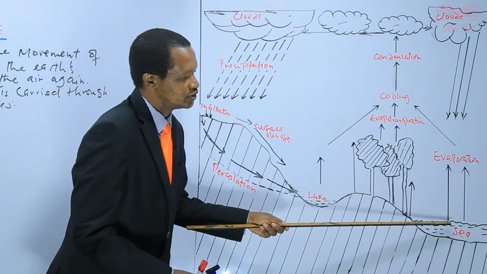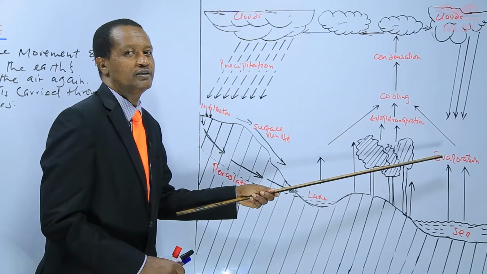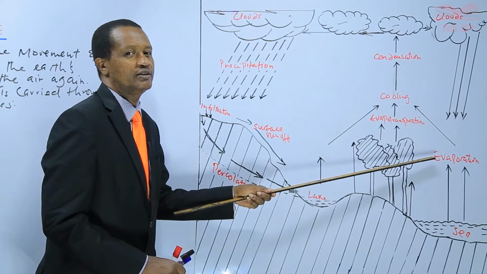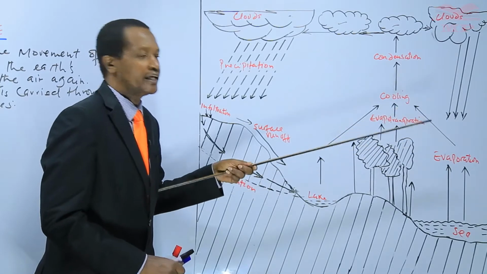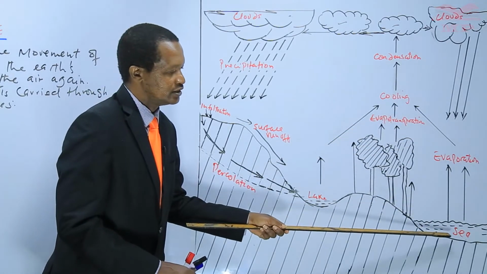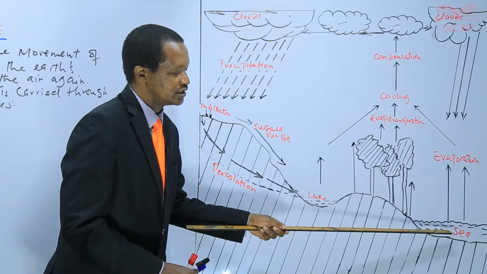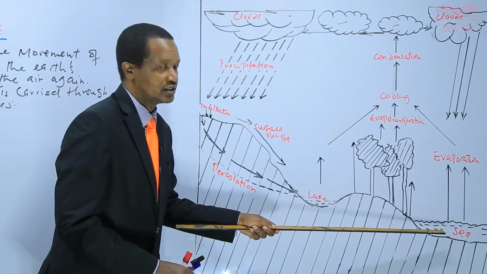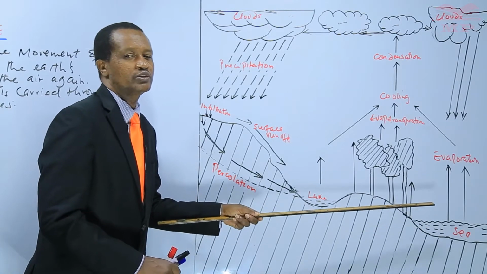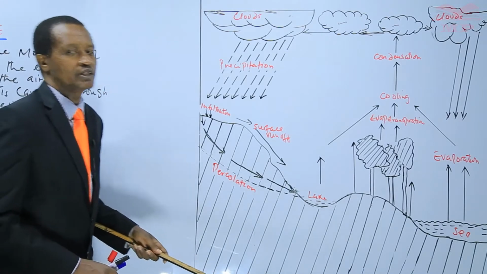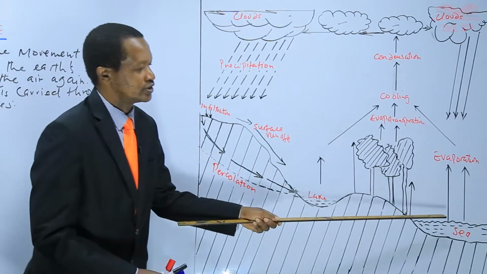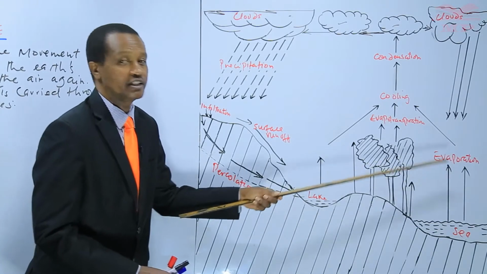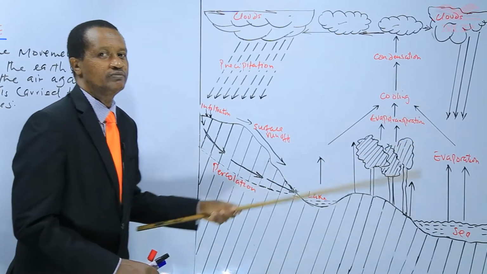Then evaporation takes place after the sun heats the water found in seas, rivers, lakes, swamps, and so on, and it rises into the atmosphere.